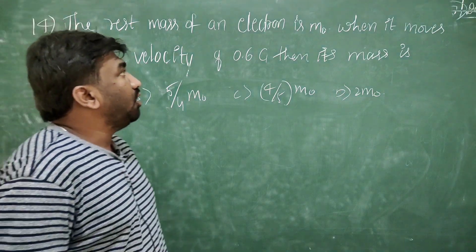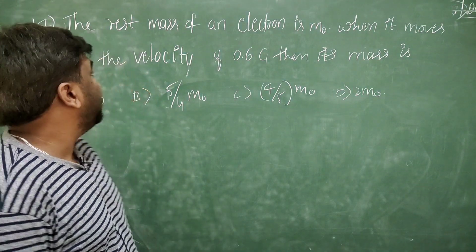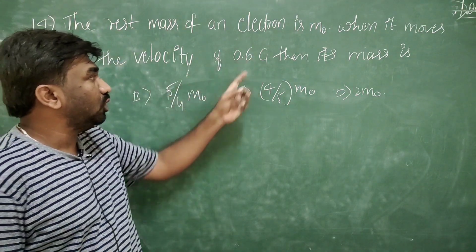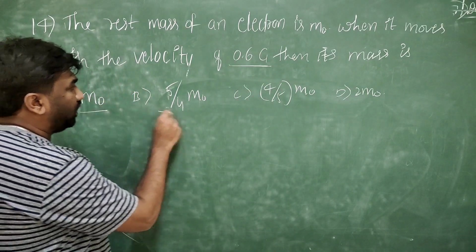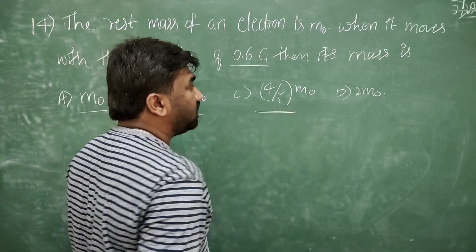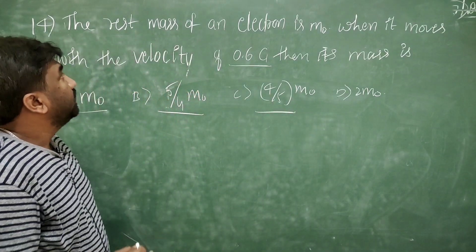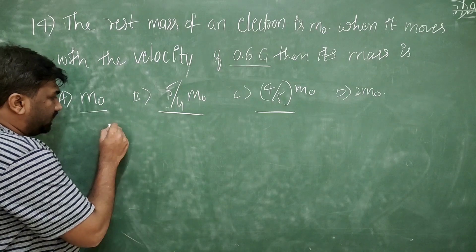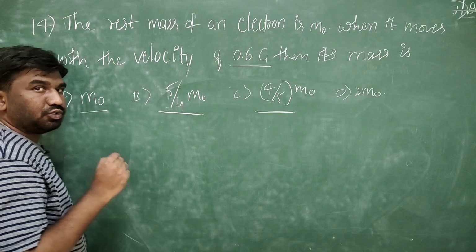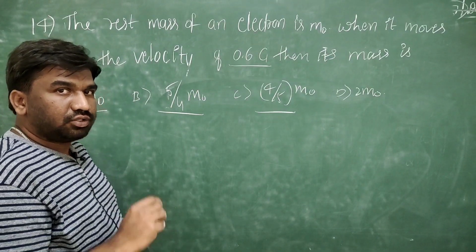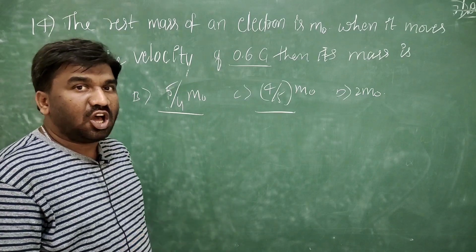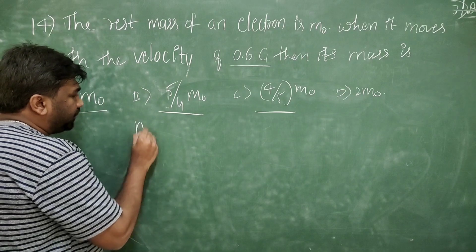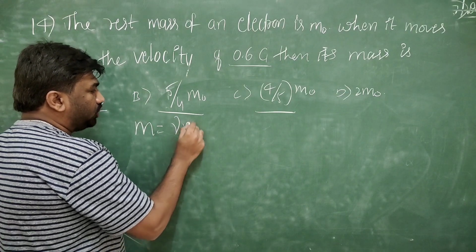The rest mass of an electron is m naught. When it moves with a velocity of 0.6 c, then its mass is m naught, 5 by 4 m naught, 4 by 5 m naught, or 2 m naught. We know that if a particle moves with a velocity comparable to light, then its mass will also change. It needs a Lorentz correction, that is m is equal to gamma into m naught.